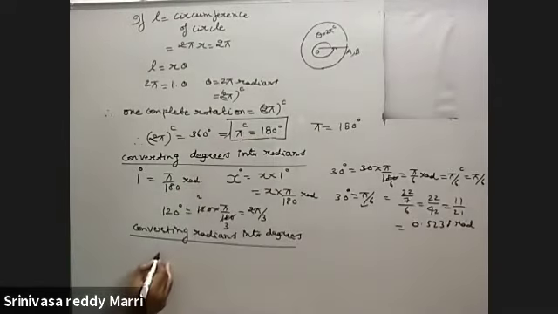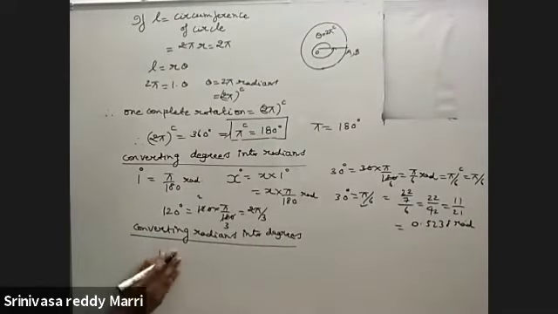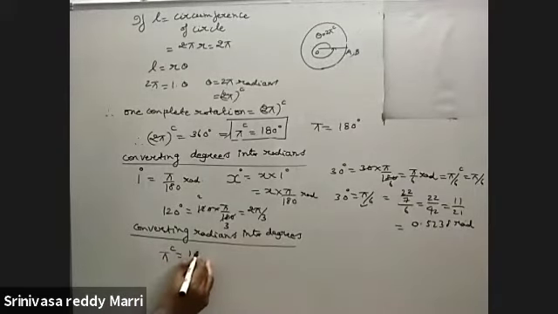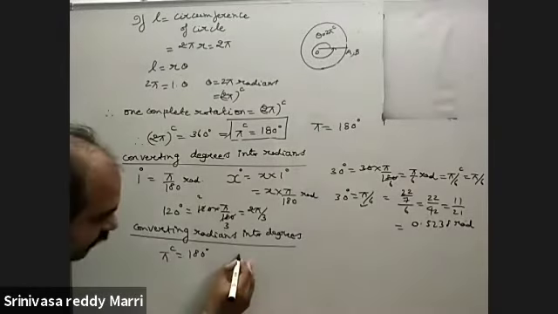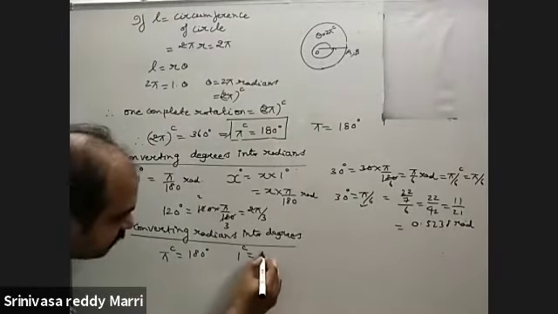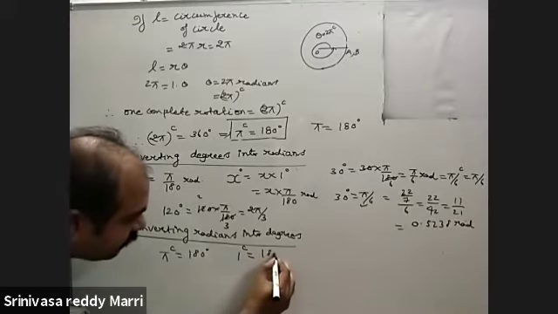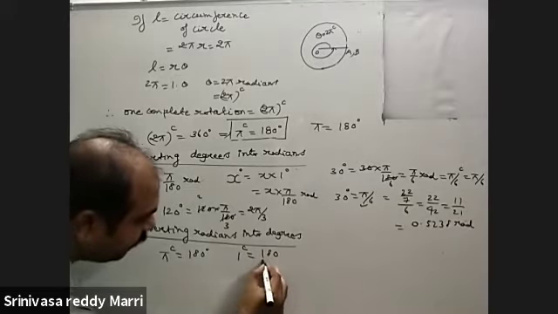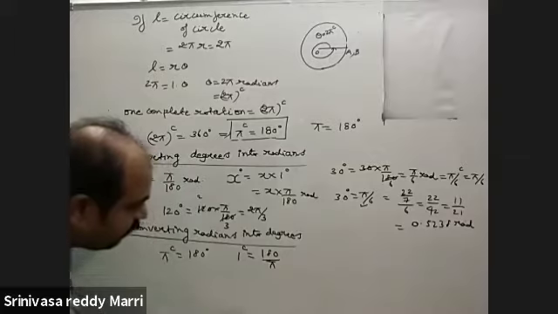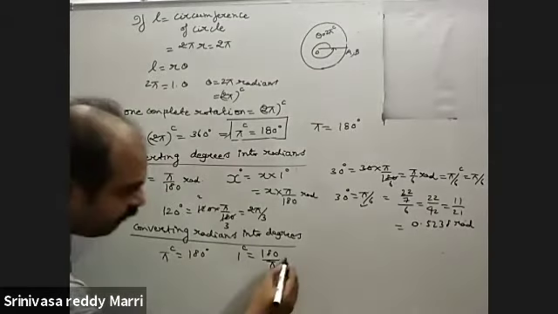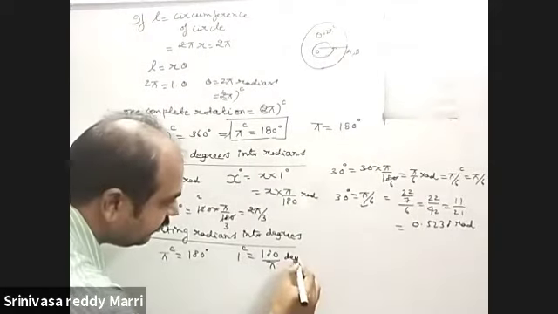Whenever pi is there, equal to 180 degree, or 1 radian equals 180 by pi degree.